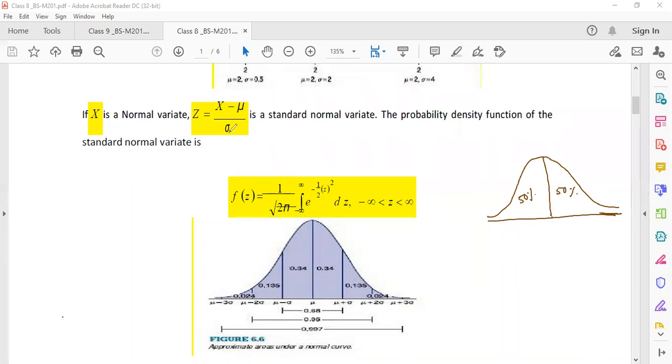Originally, when we talked about capital X, this was the point which we termed the mean. Now we have shifted the origin from the left hand side to this point, and in terms of the new variable, mu has become your origin.